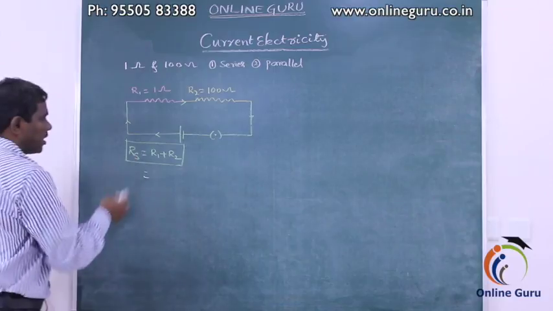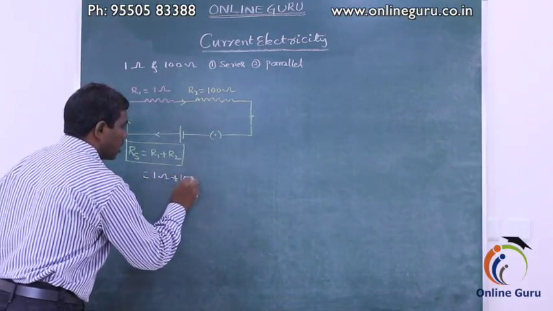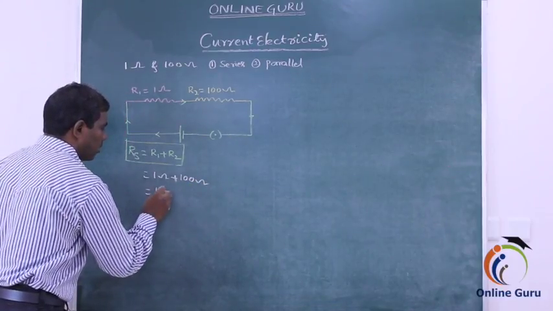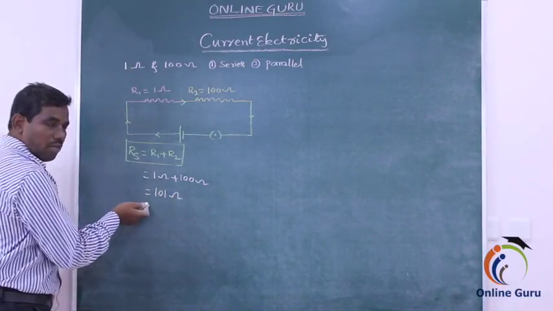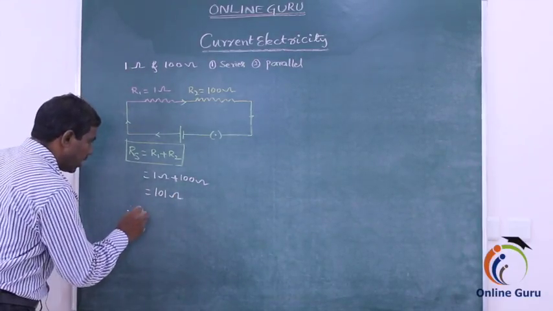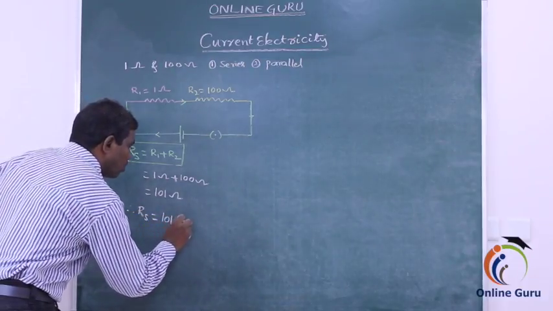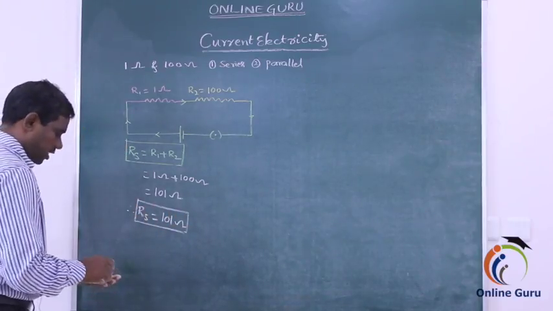Then resultant resistance Rs is equal to 1 ohm plus 100 ohms, that is 101 ohms. In series combination, the resultant resistance Rs is equal to 101 ohms.